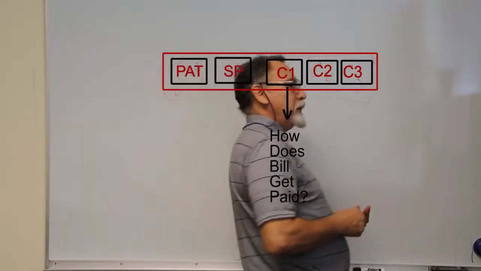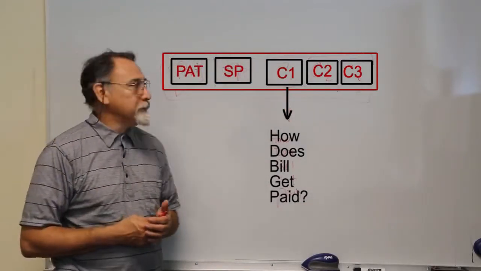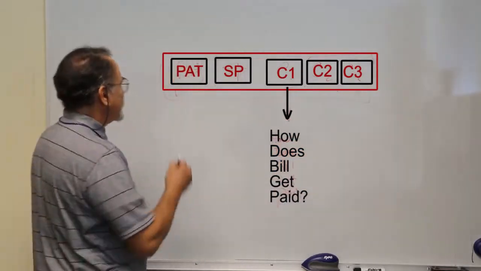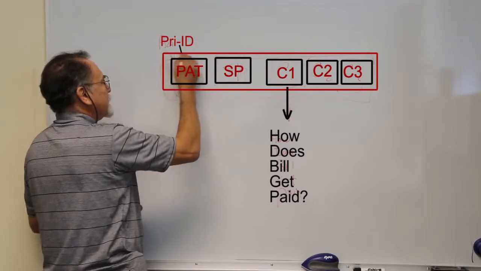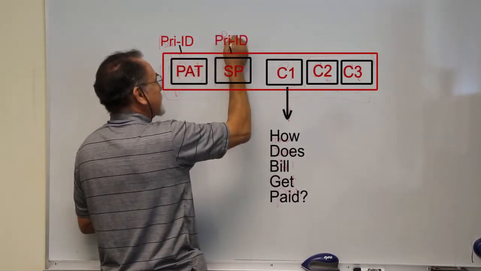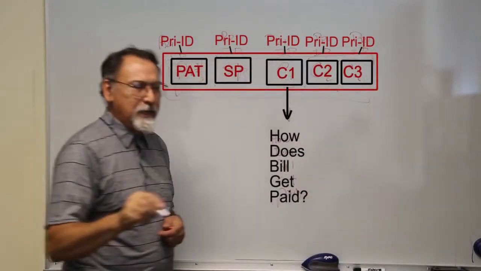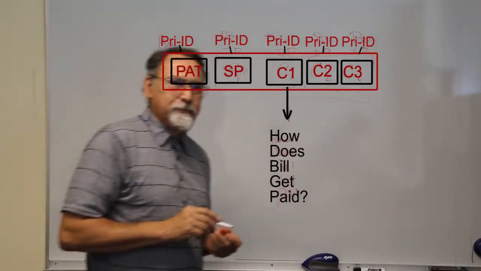There has to be some way, there has to be some identifier that will unite these items. So you have to have some kind of primary identifier on all these. You have to have a key that will lock all these items together.